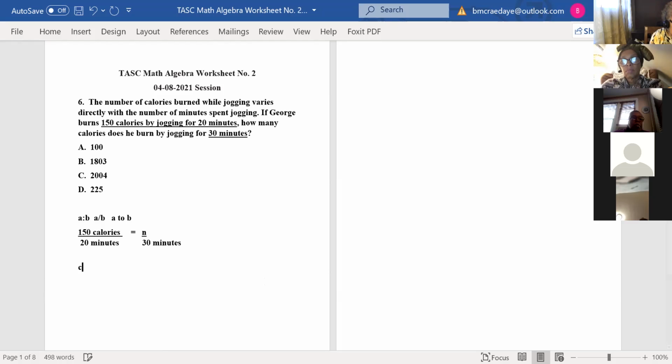Remember? You can cross multiply, which means you can multiply 150 by 30, and you can multiply 20 times N. Your voice keeps chipping away.